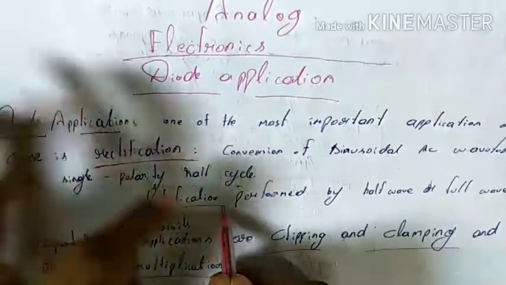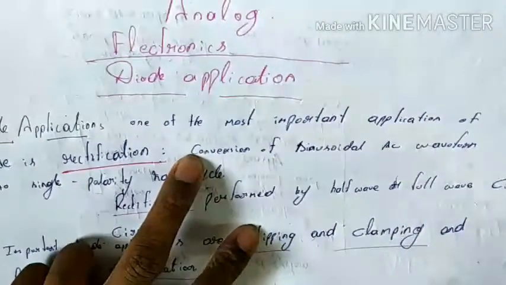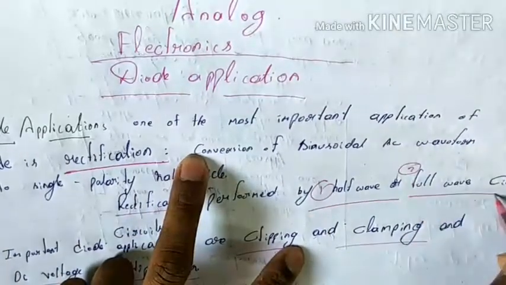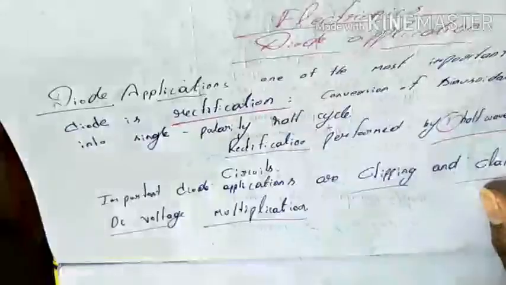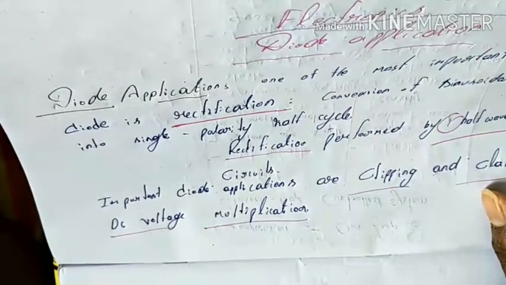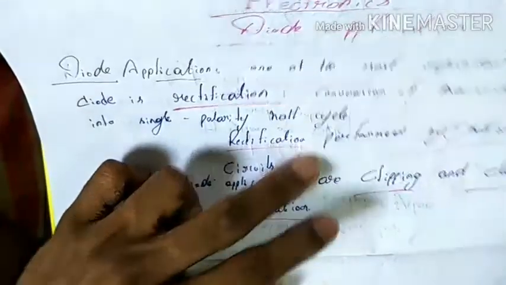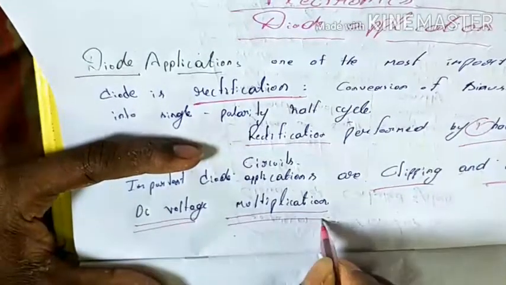Rectification is performed by two rectification circuits. The first one is the half wave and the second one is the full wave rectifier circuit. Other important diode applications are clipping and clamping, and DC voltage multiplication.